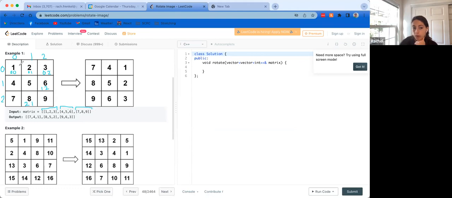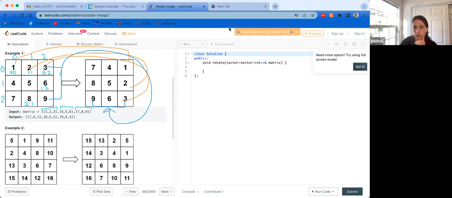And the output, when we rotate it, let me change the color of my pen. The 1 went here, the 2 goes to this side. Basically each edge is going to get flipped.